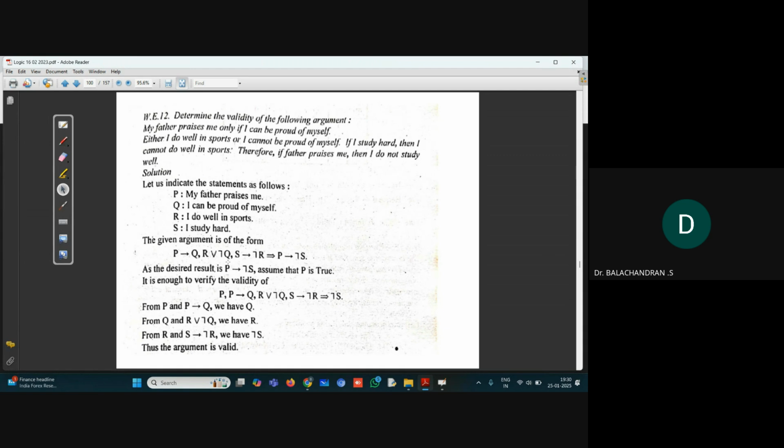And then the third one, if I study hard, that means S, implies, if I study hard, then I cannot do well in sports, negation R. So therefore, if father praises me means P, then implies I do not study well.